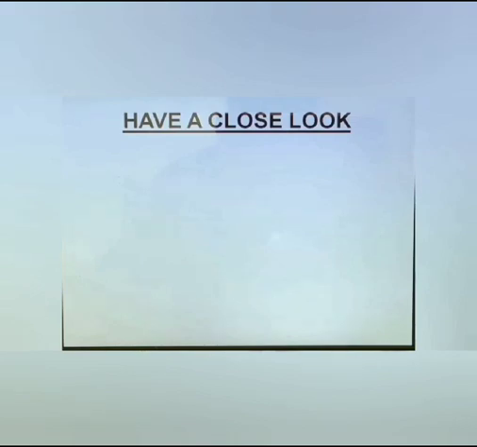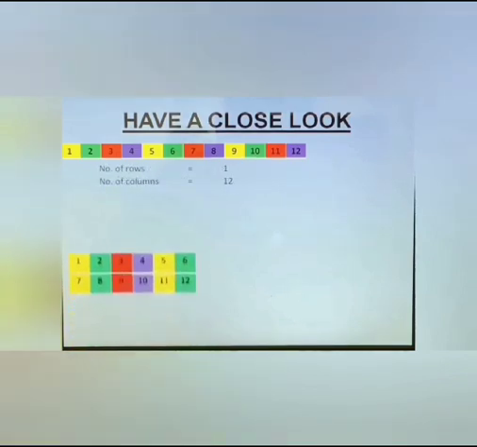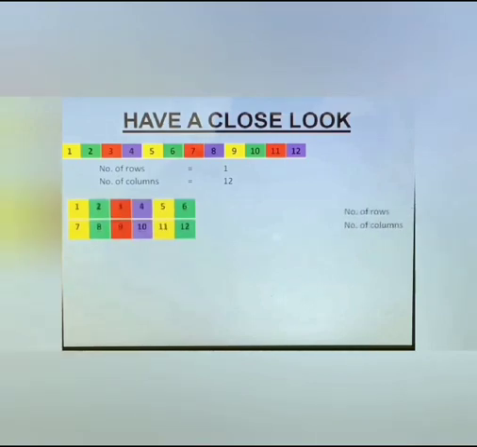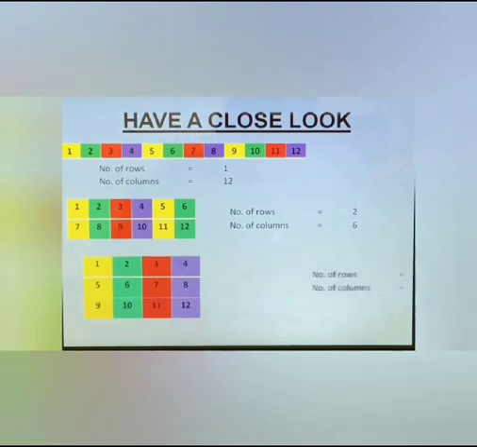Have a close look. In the first case, we had 1 row and 12 columns. In the second case, we have 2 rows and 6 columns. In the third case, we have 3 rows and 4 columns.